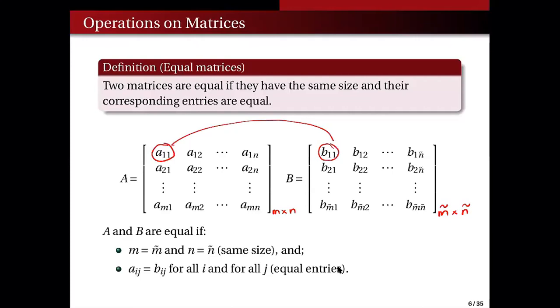This entry here equals this entry. This entry here is equal to this entry, and so on, for all the entries. Okay? So matrices are equal if they have the same size and their corresponding entries are equal. Okay?